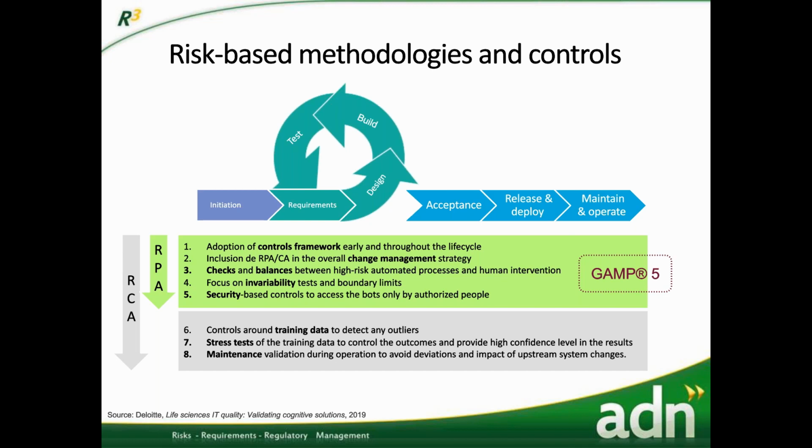And of course, the beauty of AI is to continue to learn. So the maintenance here is more important because the maintenance provides new data, and this new data will have an impact on the tuning of the algorithm. So here we have the main difference of compliance approach between RPA and RCA.